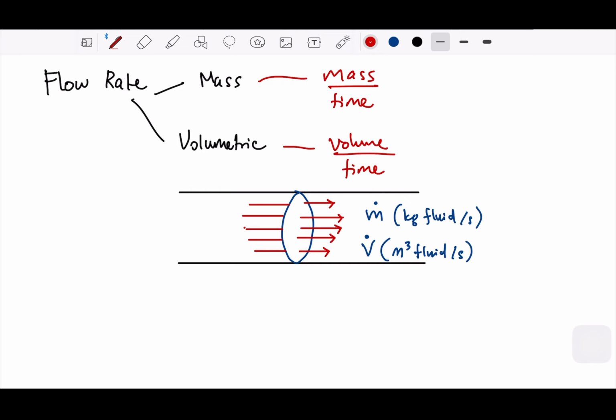And usually it's drawn like this, and if you want to imagine, this is like a pipe, and you have a gas or a fluid or any viscous fluids, you can imagine like that. And this is the cross section of the pipe.